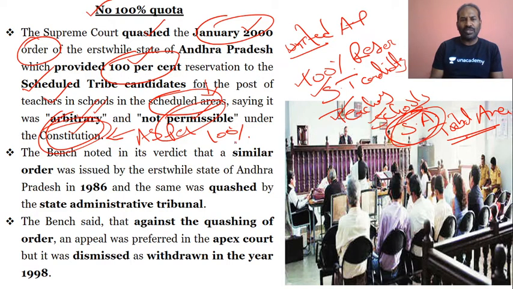And the bench has also noted that a similar order was issued not only in the year 2000; prior to 2000 also there was an order. The United Andhra Pradesh had gone ahead with a similar kind of order in 1986, in the same way giving 100% reservation for the scheduled tribe candidates applying for teacher posts in the schools.